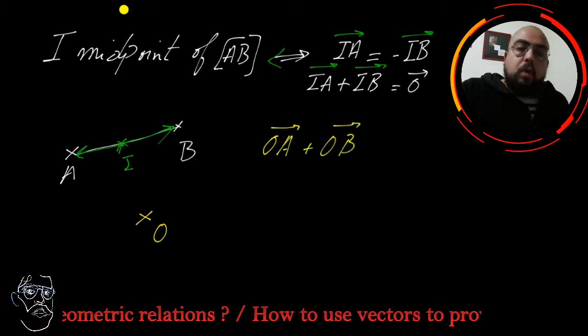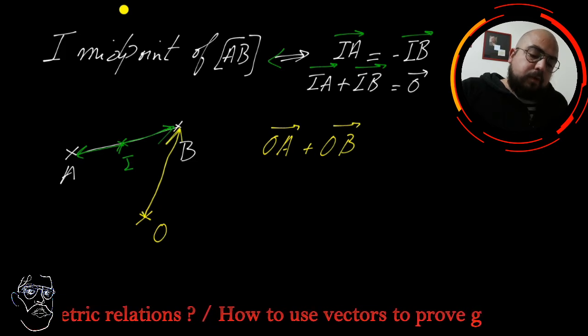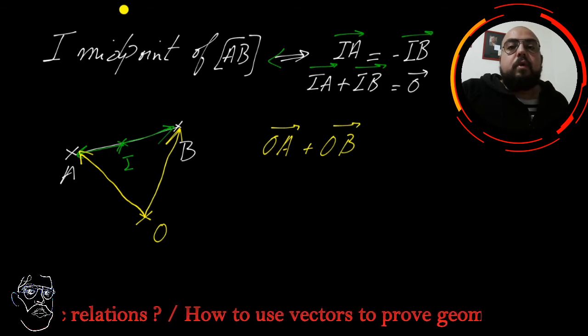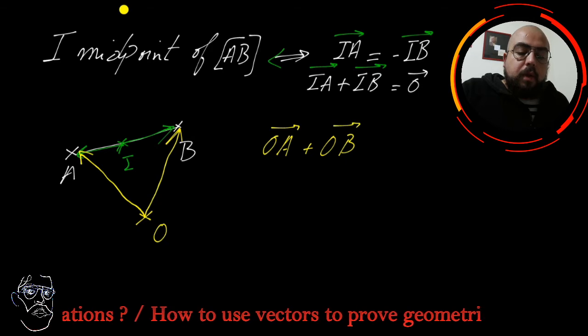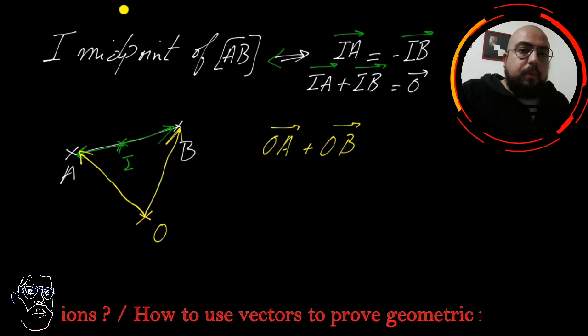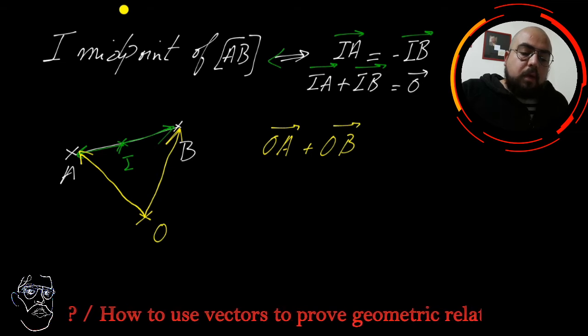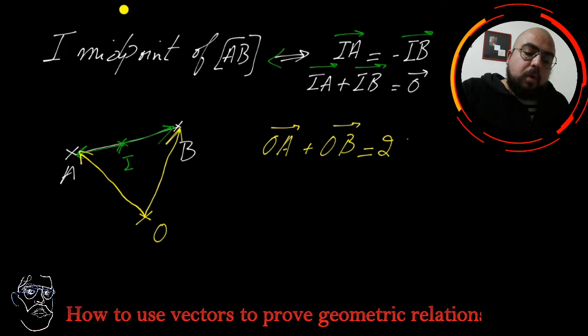Whenever I'm calculating OA plus OB, it's the sum of two vectors having the same origin. It's true that you should complete the parallelogram and it will give you the fourth vertex of this parallelogram, but in this case I'm interested in the point I, the midpoint I. So I can write OA plus OB is equal to 2 OI.